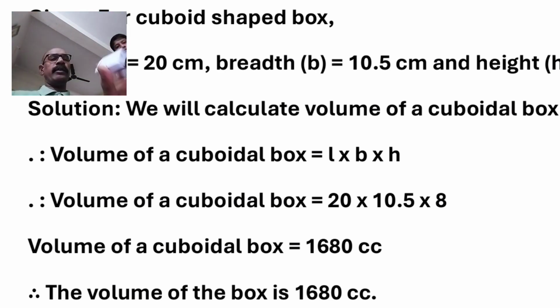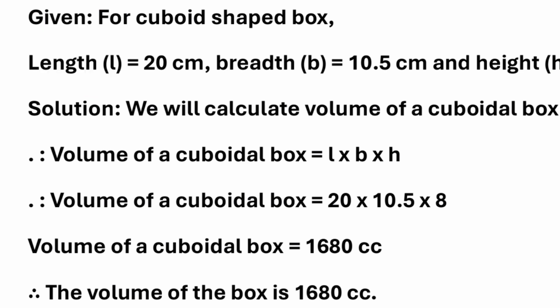Okay, and here this is the height of this cuboidal box. Have you got this? Now here we will find the volume of this cuboidal box by using formula. Volume of a cuboidal box is equal to L into B into H.